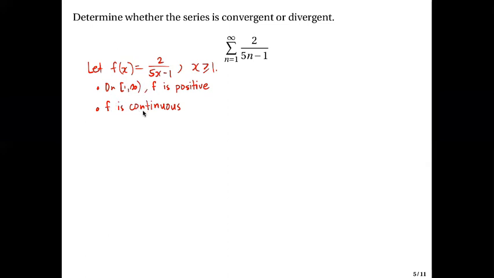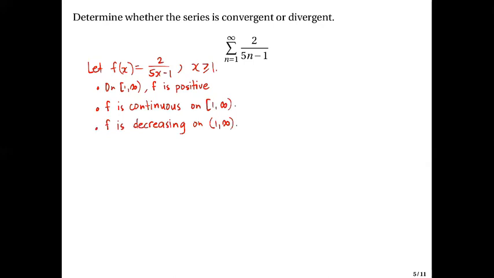So we write that f is continuous on the interval 1 to plus infinity. And then you have to check also f is decreasing. Okay, f is decreasing on the interval, let me write open here, 1 to plus infinity.